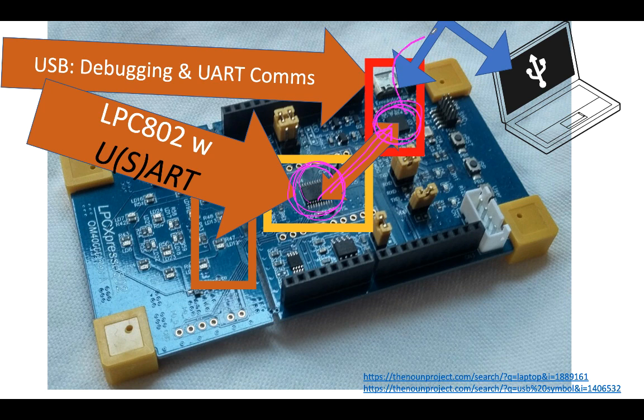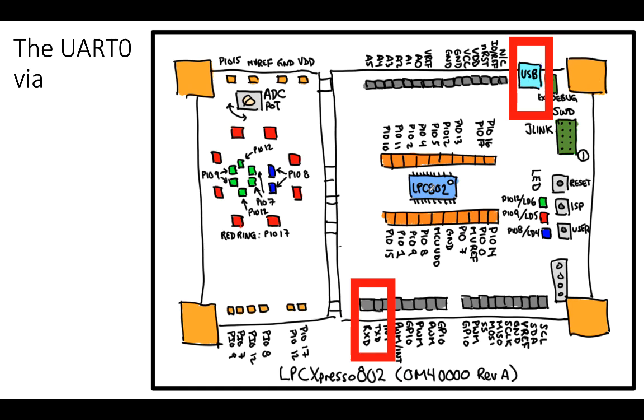And then there's going to be the USB connection that takes that message, that's transmitted or translated into USB format, and sends it via USB to your PC. All right, so there's the USB, that's the LPC802. And if you want to test that signal, say using an oscilloscope or a logic analyzer, you can look at the transmit and receive pins that are found on the bottom header right over here.